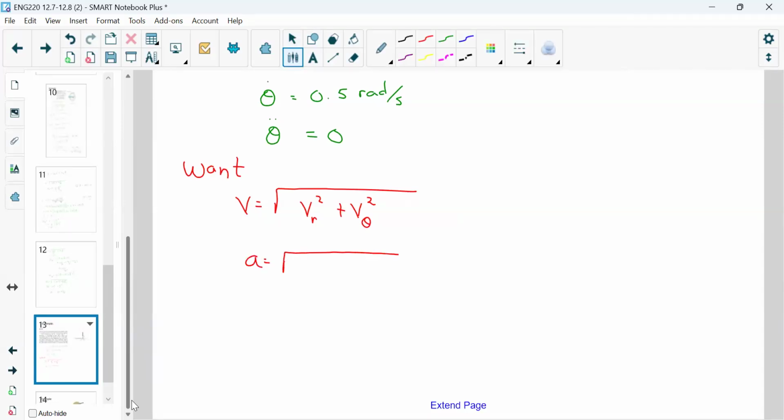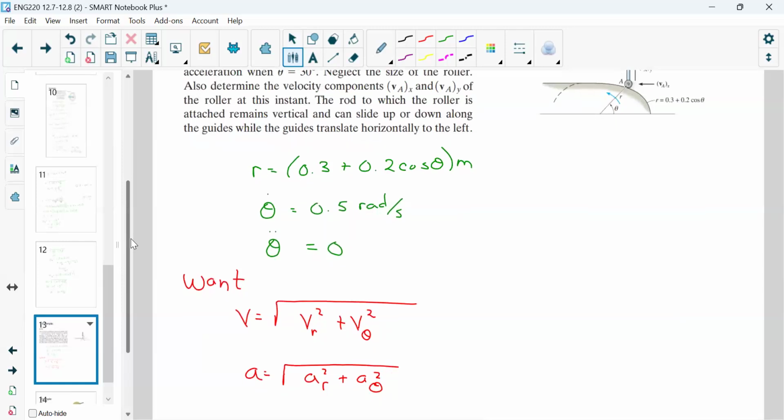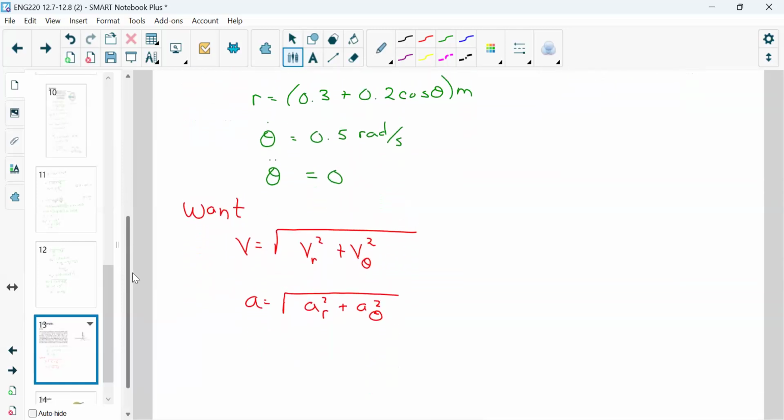Once again, square root of a sub r squared plus a sub theta squared. Okay, so let's figure out what we know, right? We know v sub r, correct? Maybe. So we know that v sub r, let's go after the velocity first.